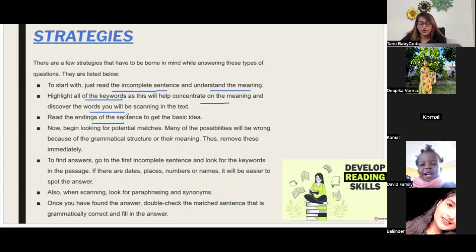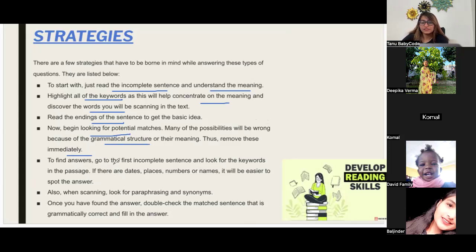Read the endings of the sentence so that you get the basic idea. Now begin looking for potential matches. What can be the match for this statement? Many of the possibilities will be wrong, right? Because of the grammatical structure and meaning, remove them immediately. You have to look for the correct sentence formation, right? You have to look at which ending matches with the incomplete part and is grammatically correct.